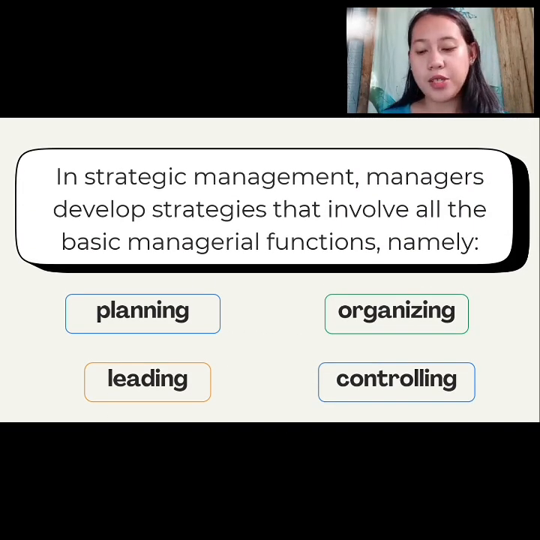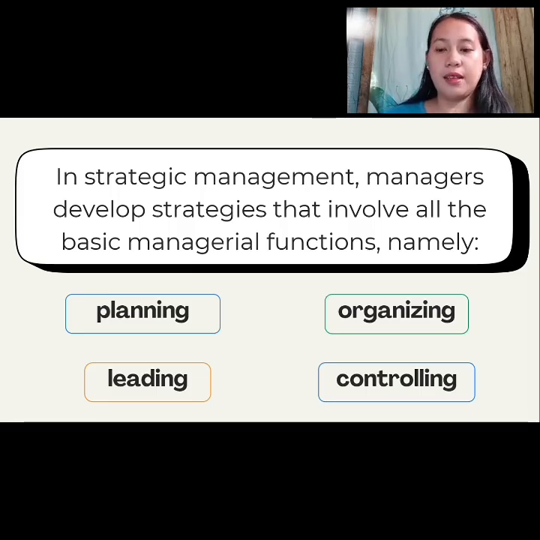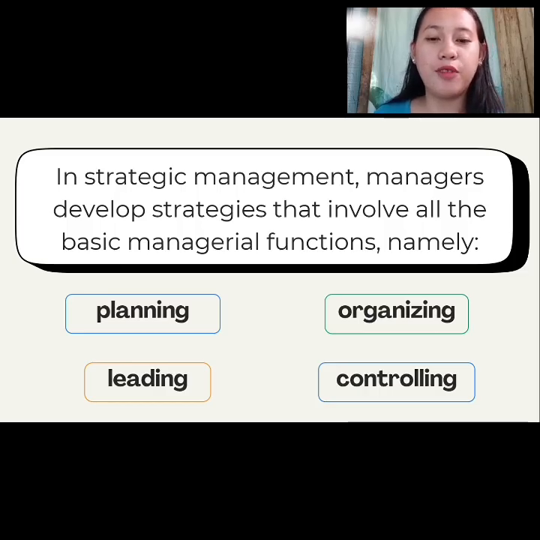So, in strategic management, managers develop strategies that involve all the basic managerial functions, namely planning, organizing, leading, and controlling. So, planning is the process of setting goals, identifying actions to achieve them, and allocating resources. It involves defining objectives, analyzing situations, identifying options, selecting courses of action, allocating resources, and establishing timelines.